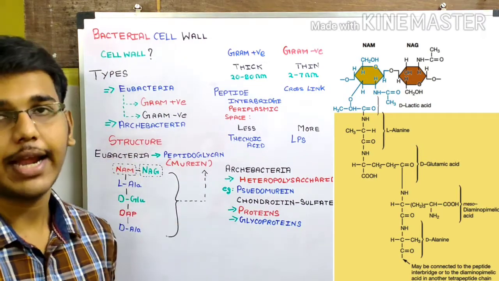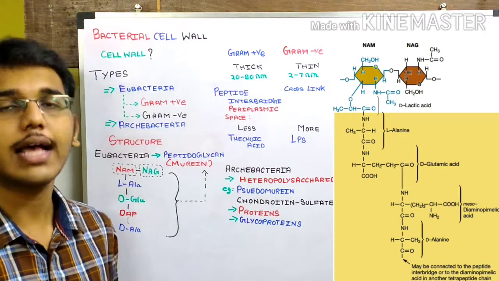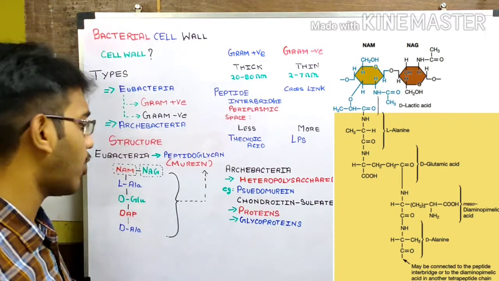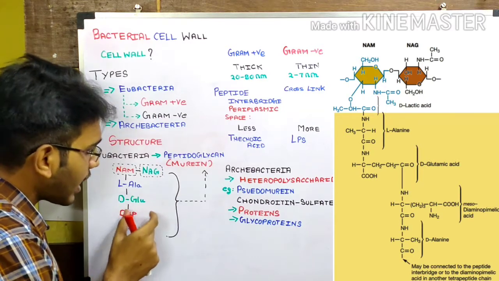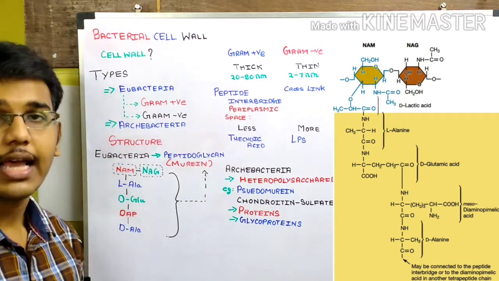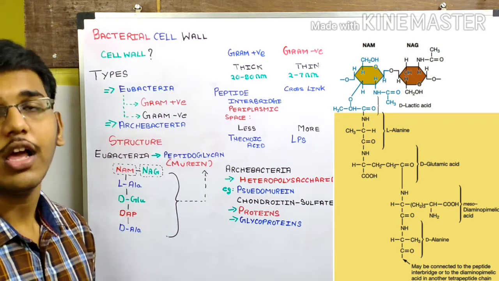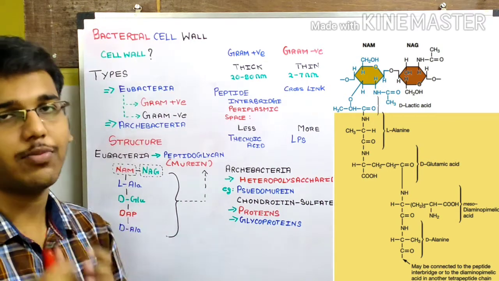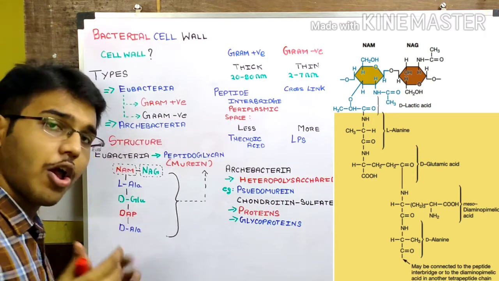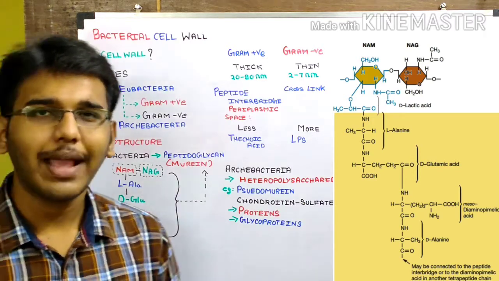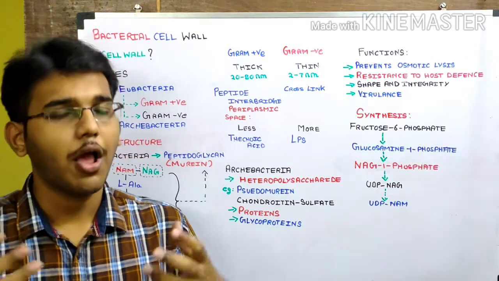This tetrapeptide chain contains 4 different amino acid molecules: L-alanine, D-glutamine, and diaminopimelic acid. In most cases, this diaminopimelic acid molecule is replaced with an L-lysine molecule, and finally we have the D-alanine amino acid molecule. So that's all about the basic structure of a peptidoglycan molecule.